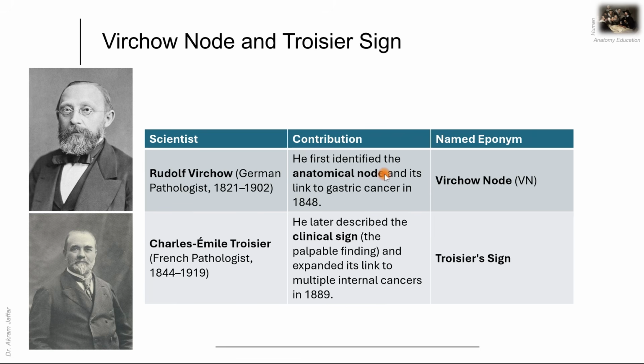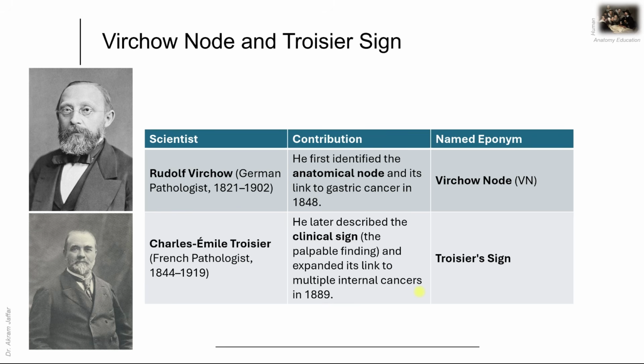And the sign is called the Troisier sign, referring to the French pathologist. He described the clinical sign and expanded its link to multiple other cancers. As I said, a mediastinal tumor might also result in this.